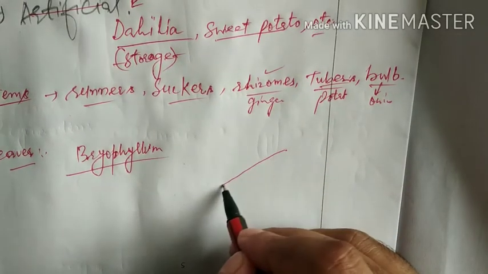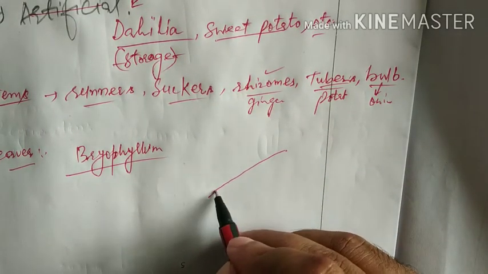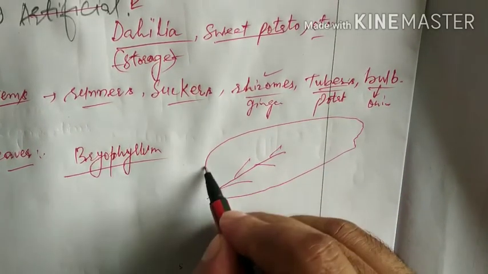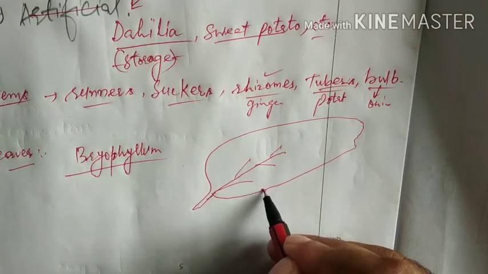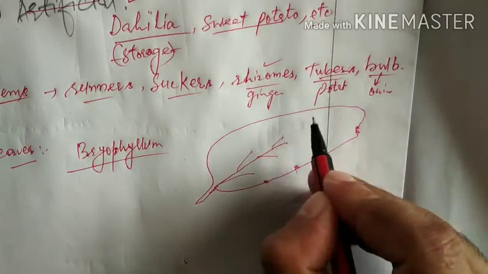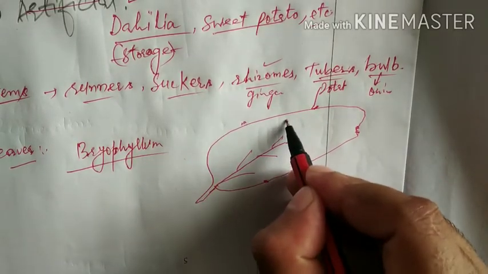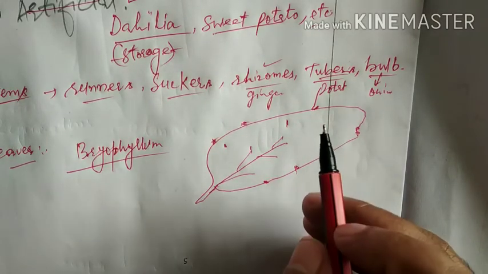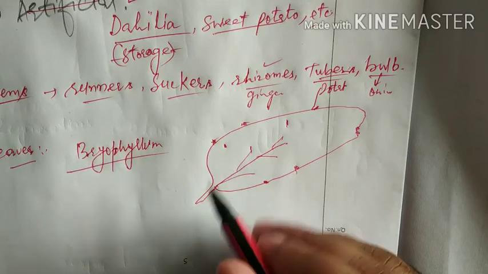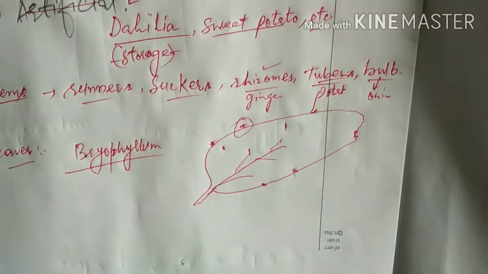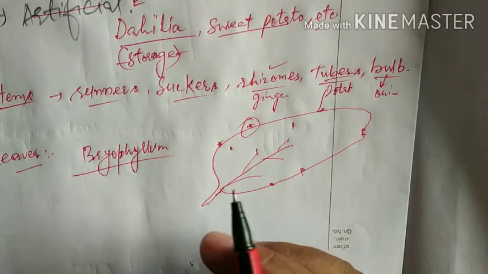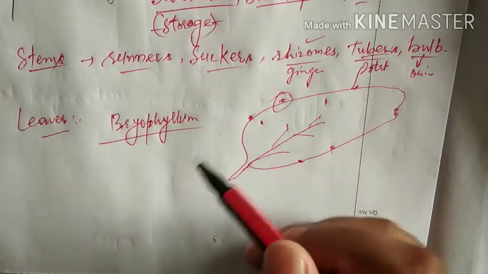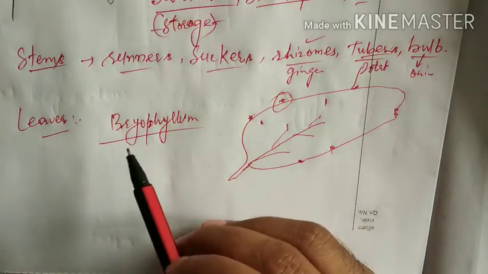So for example, this is a Bryophyllum leaf. On the notches we can see small buds growing. After they are detached from this leaf, they lead to the formation of a new plant. So with this we have finished natural vegetative propagation.